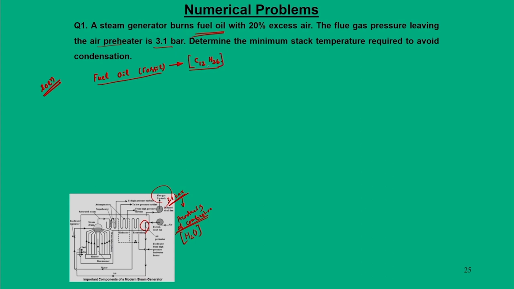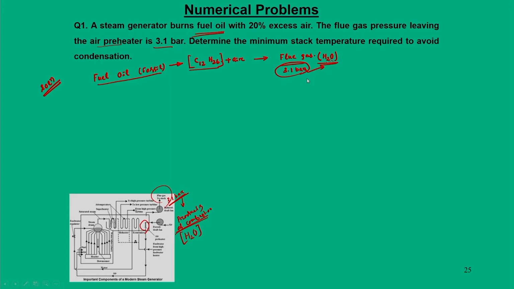It reacts with air and gives flue gas, and this flue gas mainly contains water. The flue gas is leaving at 3.1 bar, and we need to find out that at this pressure the water should not condense. For condensation of water, we also need to find out the partial pressure of the water vapor.